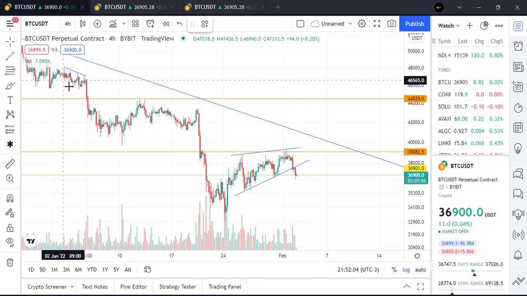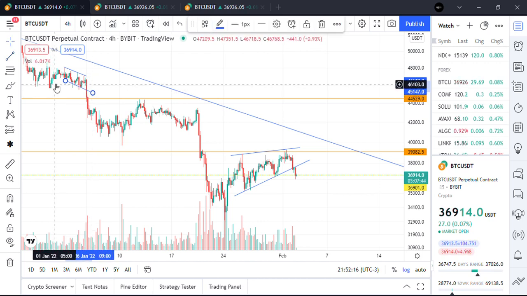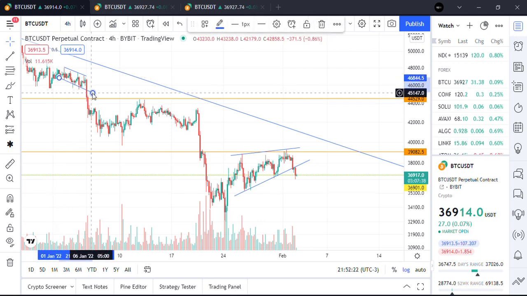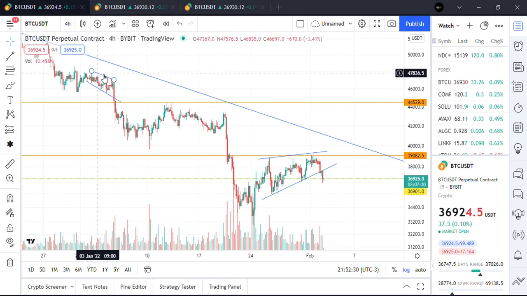This is a descending trend channel. I see lower lows.